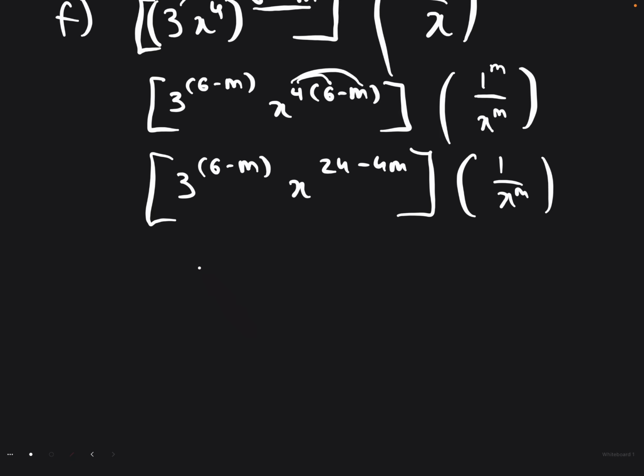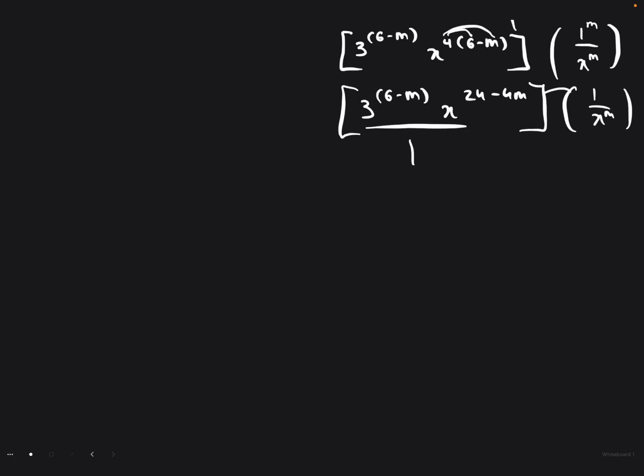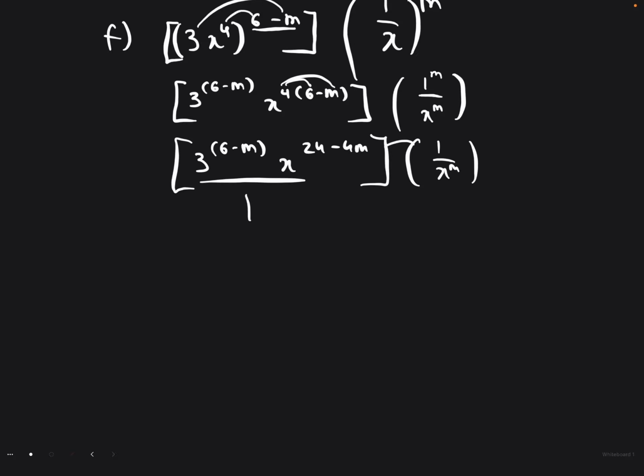Now we'll just multiply these two together. So we know that there's a 1 as denominator here, because any whole number is just divided by 1. So this becomes 3 to the 6 minus m, times x to the 24 minus 4m, over x to the m.